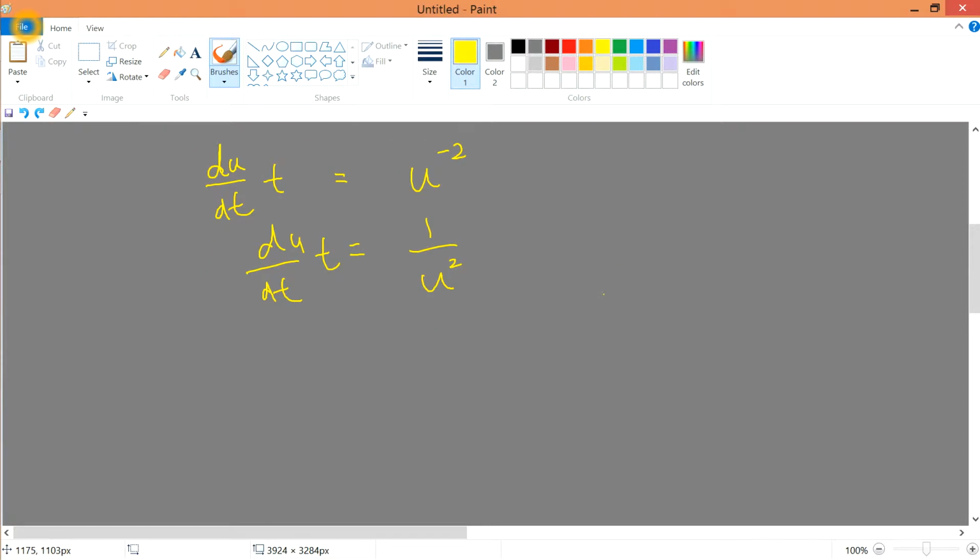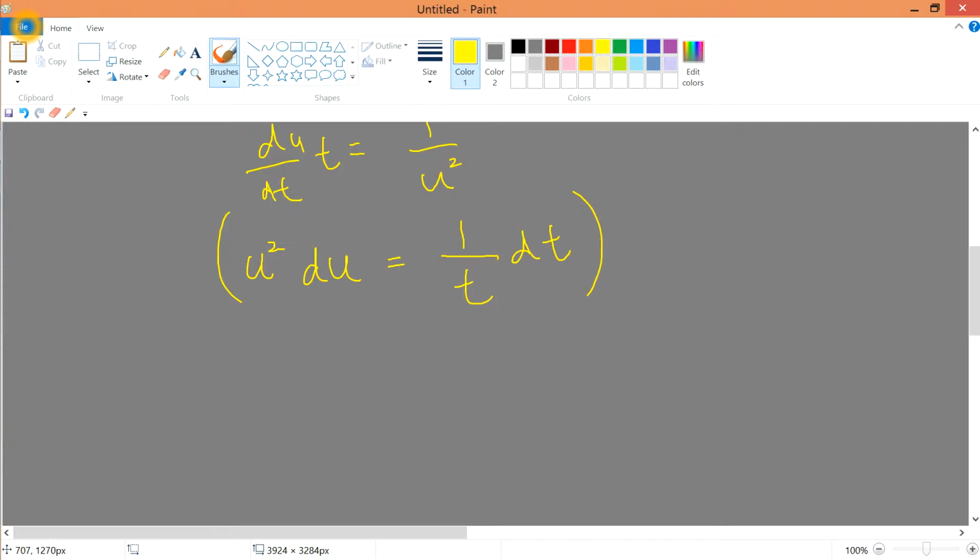If you don't remember, you just search for Khan Academy separable equations. Now you're going to separate in terms of du and dt, right? So I have u squared du is equal to dt over t. I'm just simply rearranging only, in terms of this form.